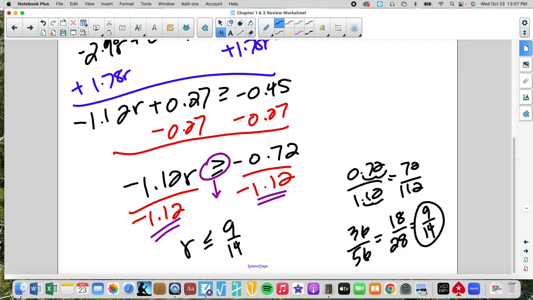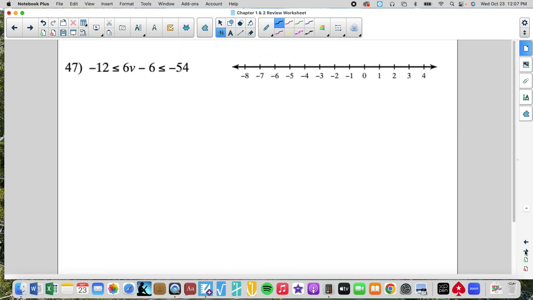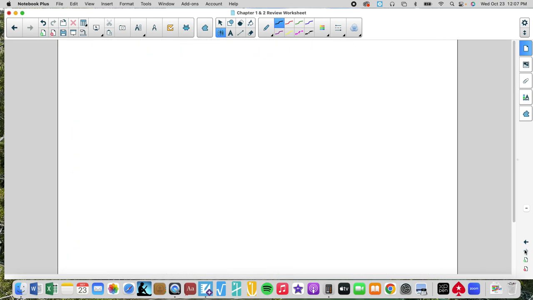Yeah, you think that's the answer? 43. Oh, I didn't do the answer key. Where is the answer key? Let's put the answer key in there. What was it, 42, I think? 40.